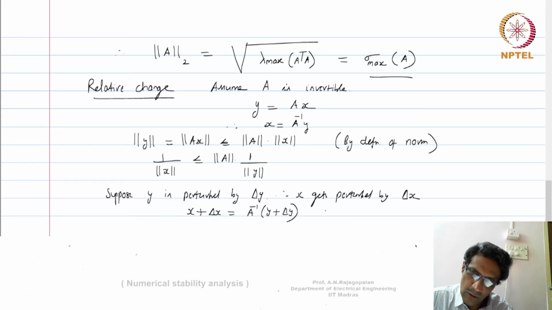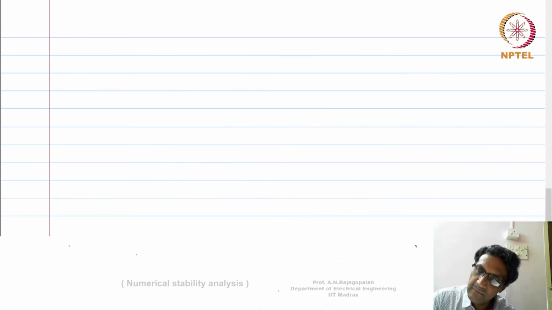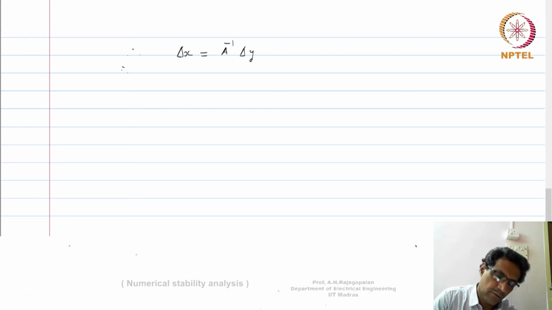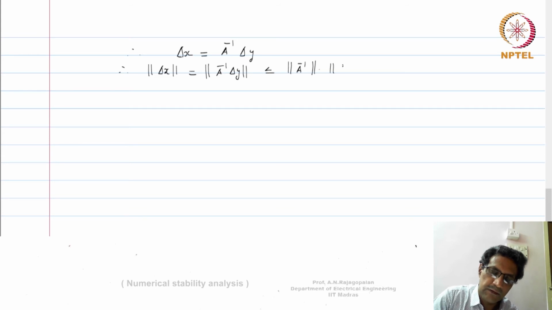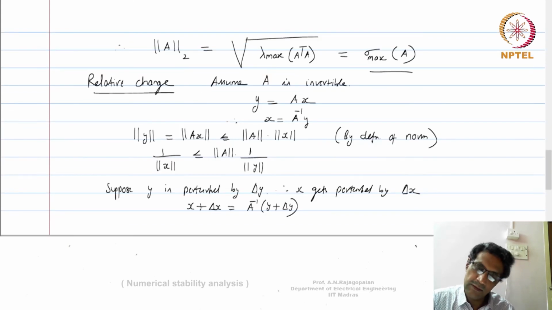So it follows that delta x is equal to A inverse delta y. Norm delta x is equal to norm A inverse delta y, less than or equal to norm A inverse into norm delta y. Let's call this equation 2. Let's call the earlier one equation 1.